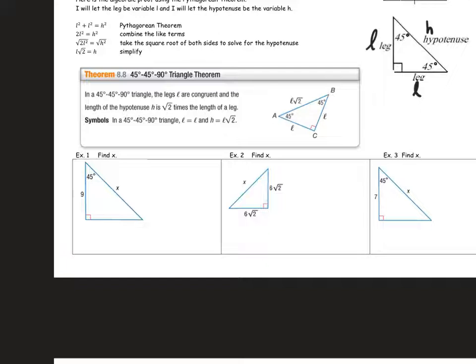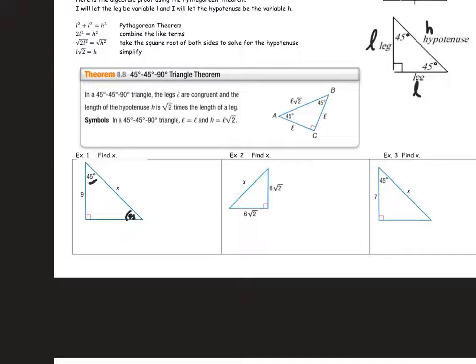Looking at example number 1, it says to find the value of x. Well, if I'm looking at this, I see that this angle right here is 45 degrees. So that means that this angle right here is also 45 degrees. So now I know I have a 45-45-90 right triangle.